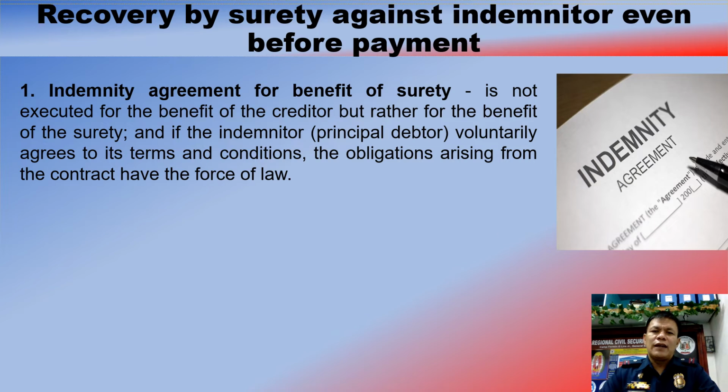Recovery by surety against indemnitor even before payment. First, indemnity agreement for benefit of surety. An indemnity agreement is not executed for the benefit of the creditor, but rather for the benefit of the surety. And if the indemnitor, principal debtor, voluntarily agrees to its terms and conditions, the obligations arising from the contract have the force of law.